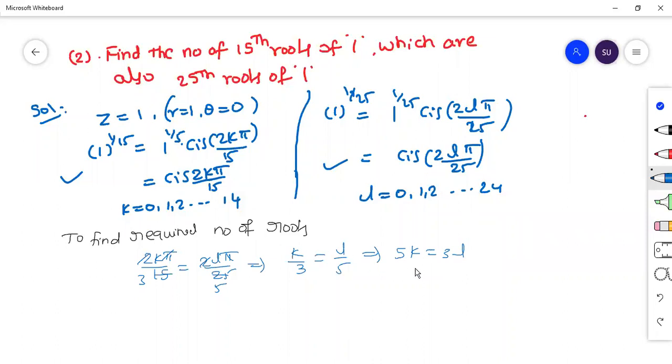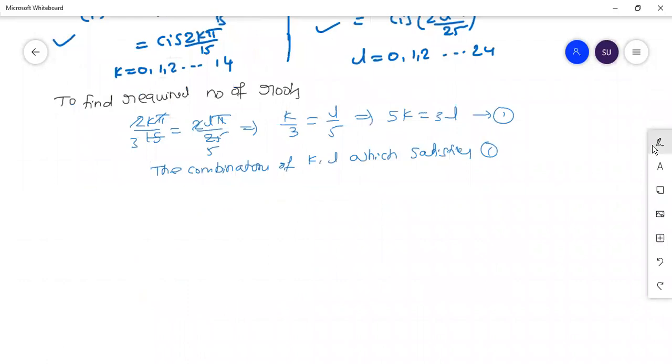So the combinations of k comma L which satisfy this relation will give you the number of common roots.